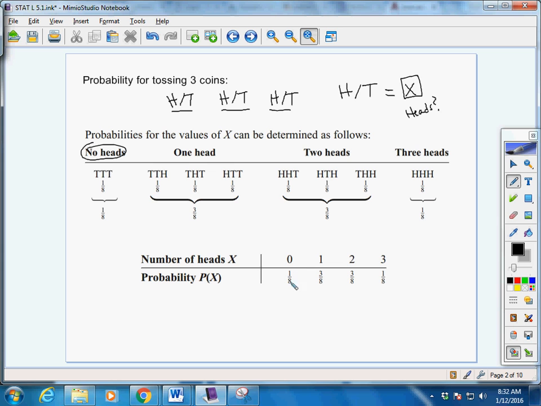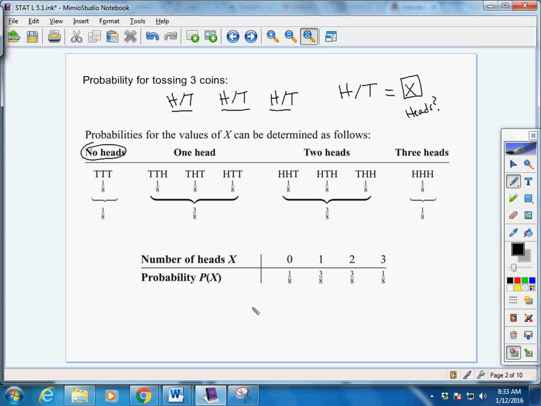Just 1 out of 8, because there's only one outcome. These are all the outcomes that have no heads. How many have 1 head come up? Well, 1, 2, 3. So there's 3/8, because again there are 8 total outcomes. 2 heads, 1, 2, 3, and 3 heads, heads, heads, heads is 1/8.